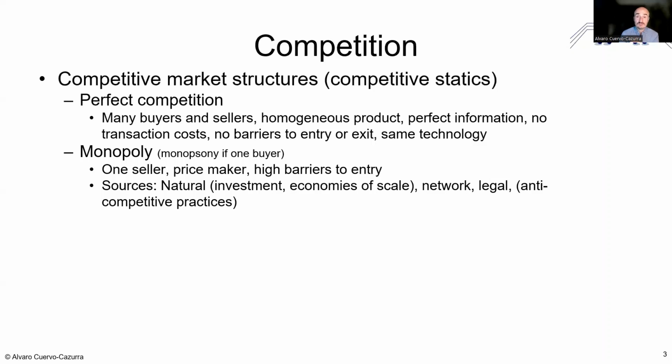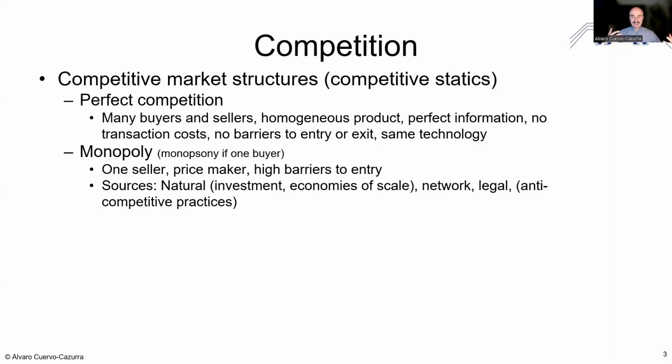Network effects are also important. The idea here is that the more users we have of one product, the better it is for everybody. It is more attractive, and everybody comes to that particular company. Typically, an example is social networks, in which, if everybody is in this network, I'm going to join that network because otherwise I'm not going to be able to communicate with others.